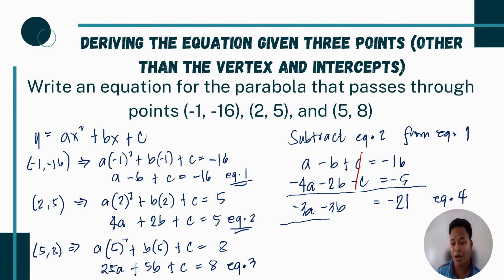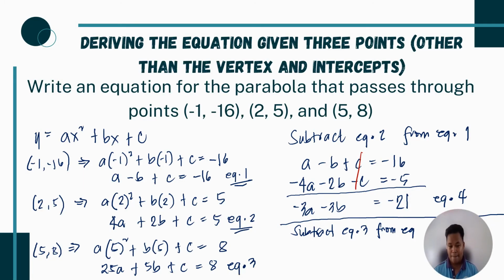Then, we're going to subtract equation 3 from equation 2. We have 4a plus 2b plus c is equal to 5.